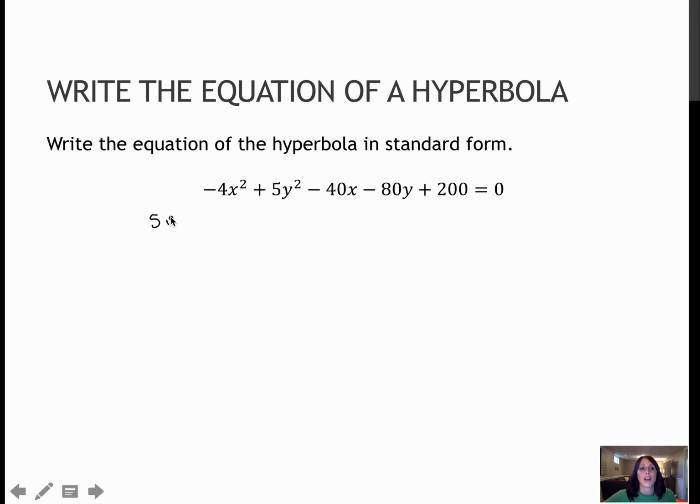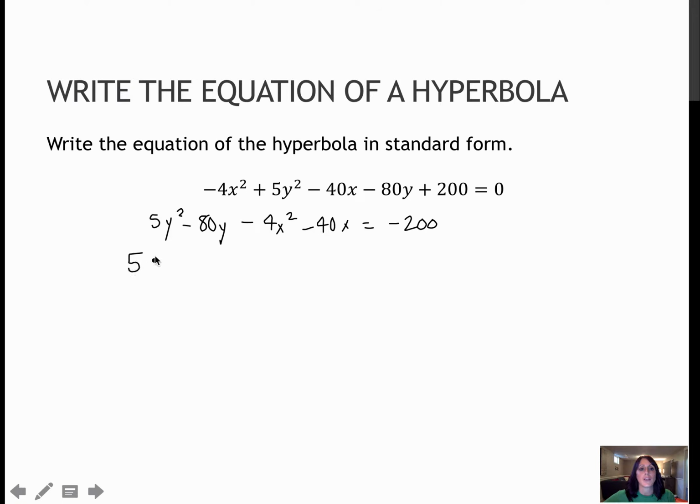So I'm going to put my 5y squared minus 80y first, and then my minus 4x squared minus 40x equals negative 200. Again, I am collecting my y values together and my x values together, but because I want this term to be the negative term, I wrote it second. Now it's essentially what we did before.